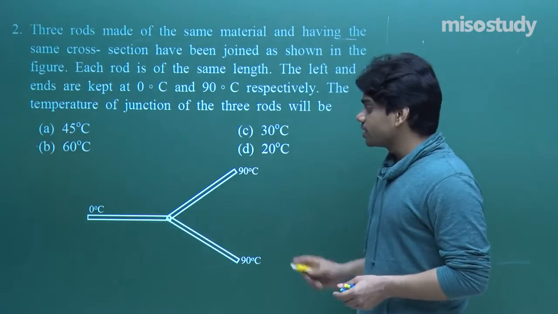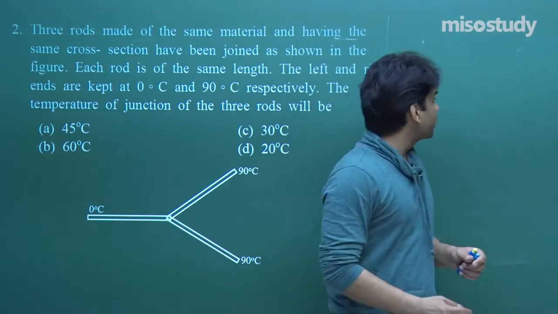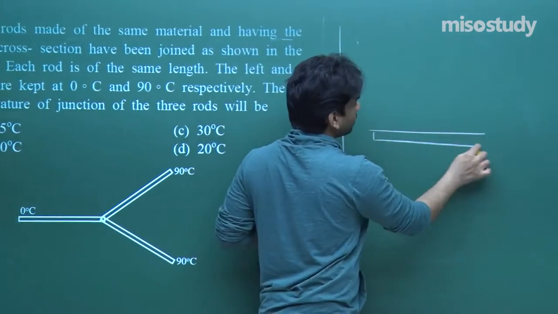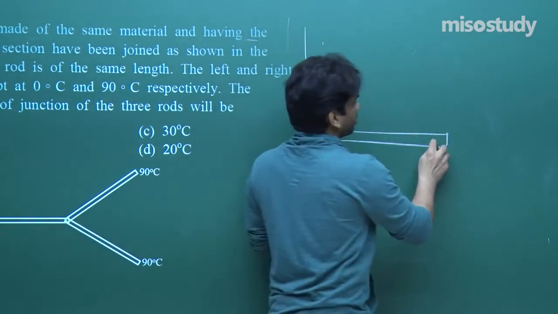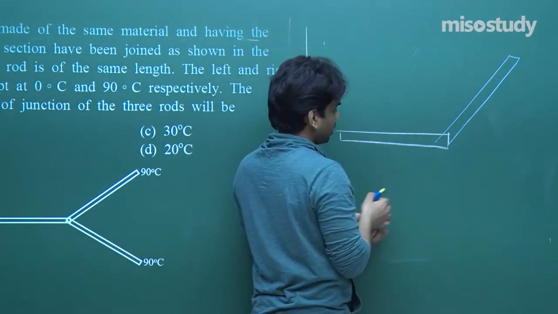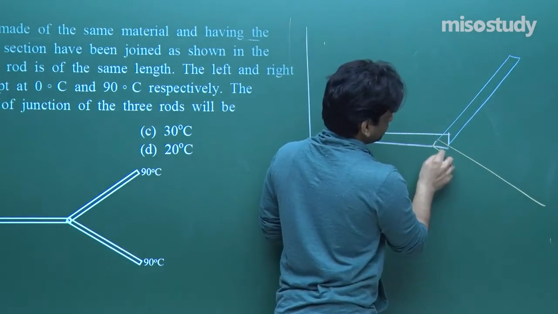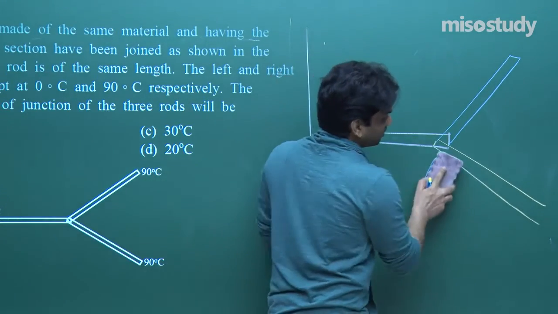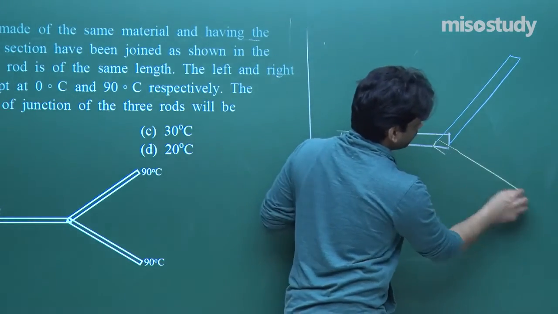Now if I draw separately, let me show you all here. The case is somewhat like this. Three rods, first, then we have a second, then we have a third one. These are the 3 rods that have been provided to us.